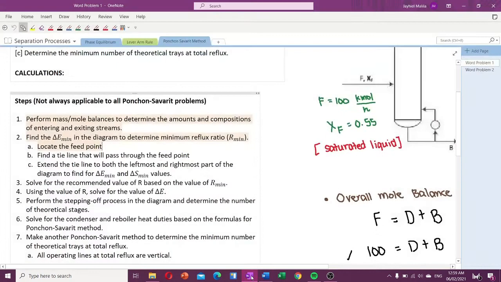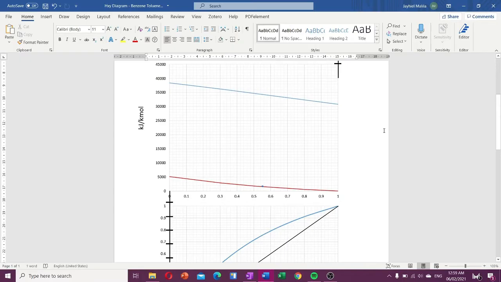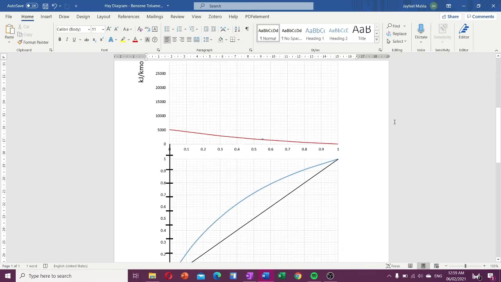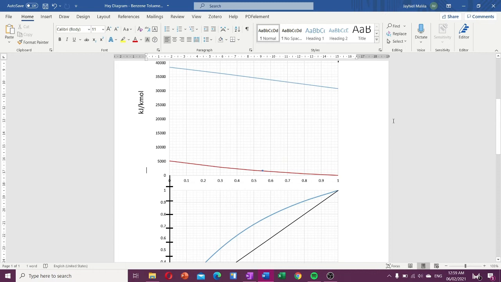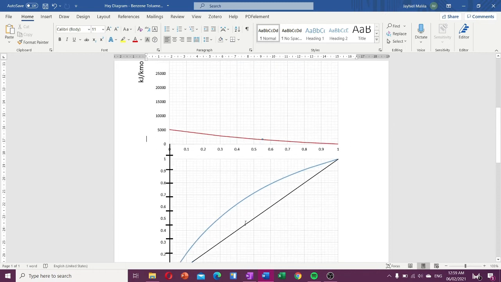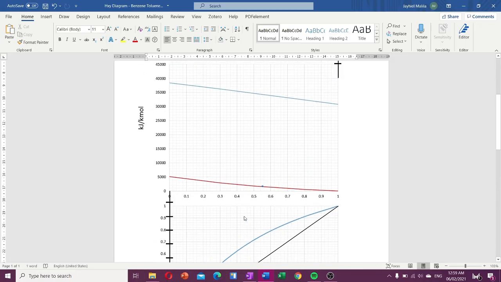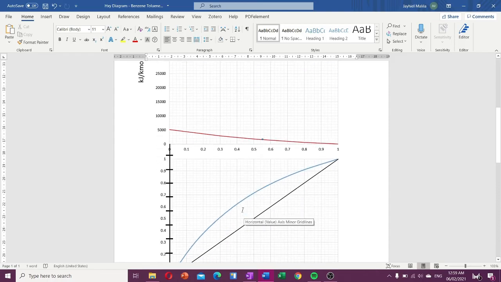Next is to find a tie line that will pass through the feed point. This will be the part wherein the XY diagram will play a huge role. This is how we're going to use the XY diagram in this step.